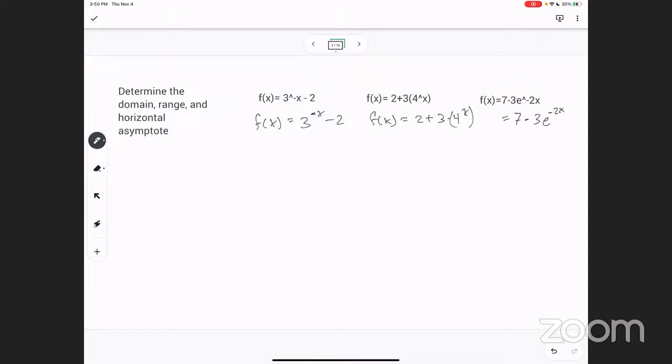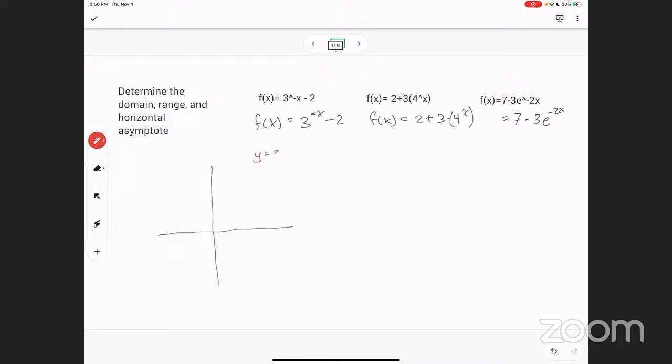Okay, so the domain, the range, and the horizontal asymptotes. Well, to graph these, it would maybe make the most sense to graph them. So let's just look at what the graphs look like for each. Remember transformations? So your basic graph for an exponential, like if it was 3 to the x, I'll show you what that looks like.